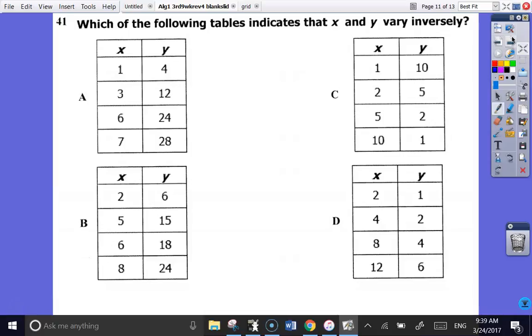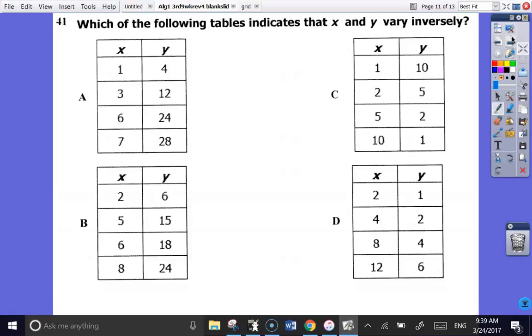As the x values are increasing, the y values are increasing? No. Okay, the x values are increasing, the y values are decreasing. Could be, but what's the check? Multiply x times y. What is 1 times 10? 2 times 5. 5 times 2. 10 times 1. Okay, there you go. It's inverse variation. So the check is multiply.